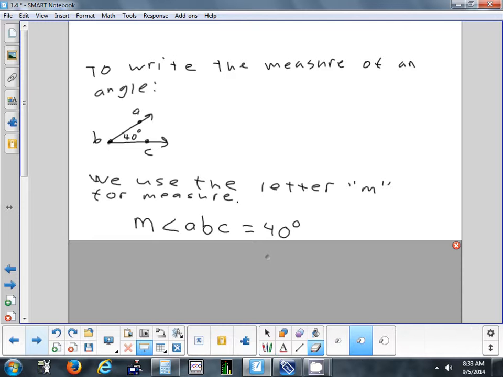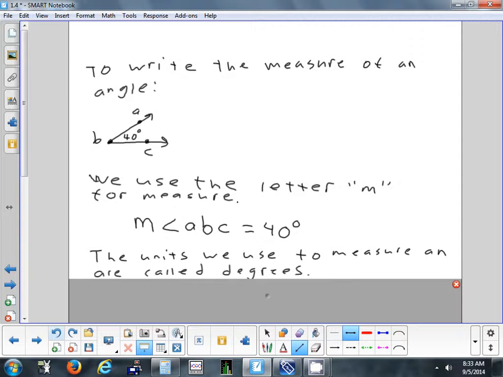Okay, normally you wouldn't want to write something like that. All right? If you're talking about the measure, you really need to put the M in front of it. When you don't put the M, you're talking about the physical object itself. You're talking about the angle. Now you're talking about something specific about the angle, its size. Okay?